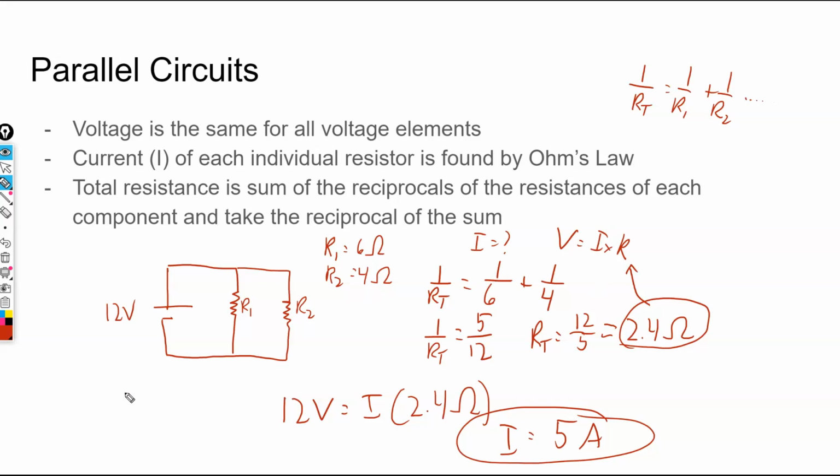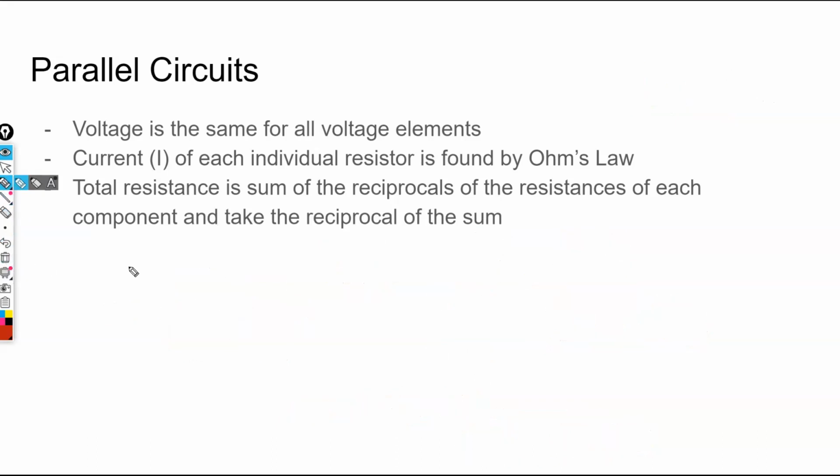All right, let's do one more, and then we'll be good. So now let's look at one with just 3 resistors. Same concept, but 3. Here's my battery. Let's say it's 30 volts. Here's my first resistor. Here's my second resistor.